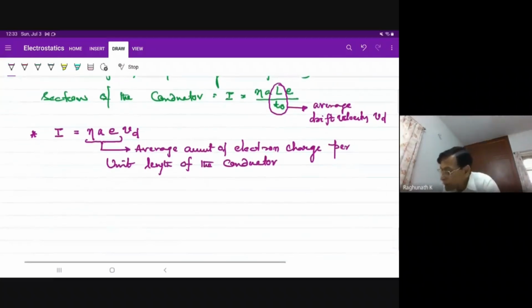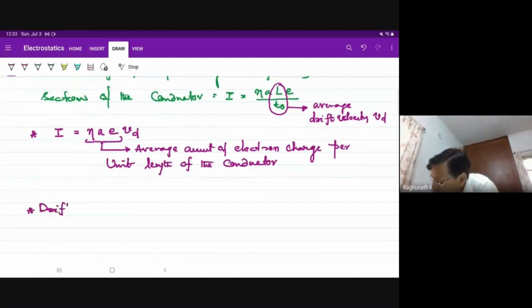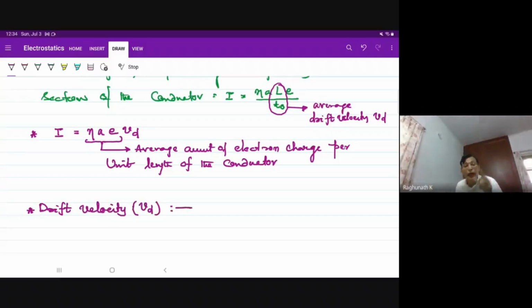Next topic for us is the drift velocity. Vd of the electron inside a conductor or semiconductor moving under the influence of the field force.